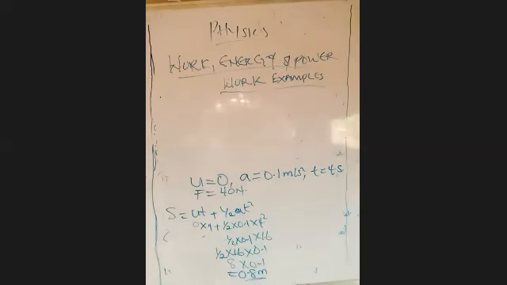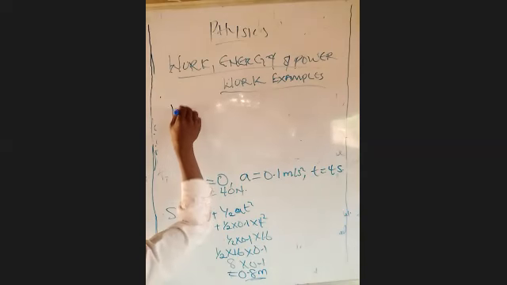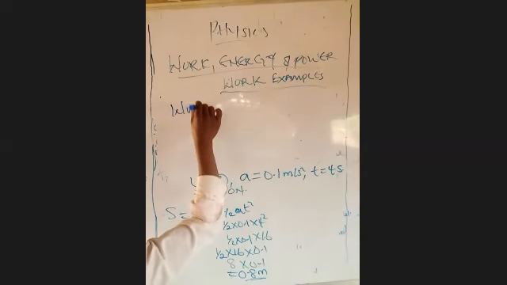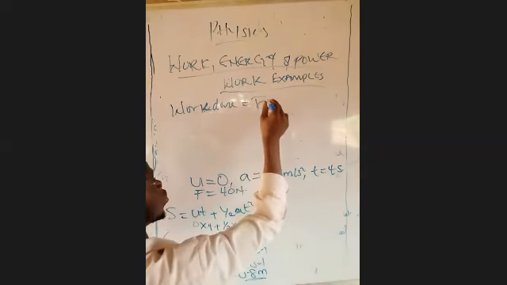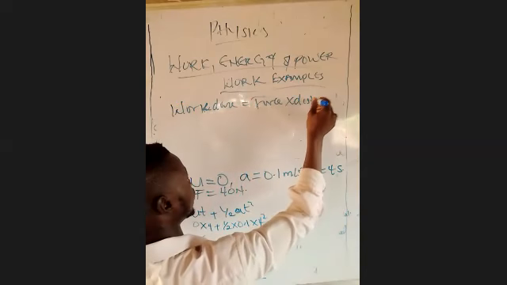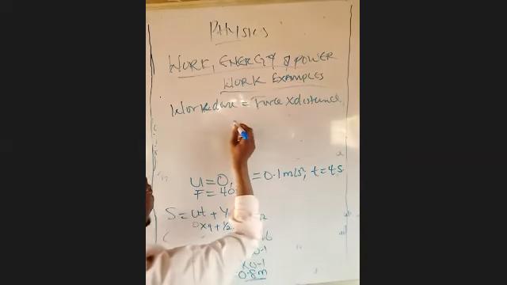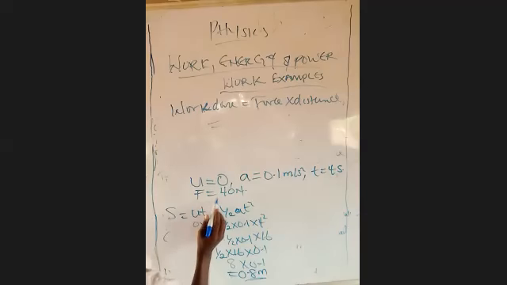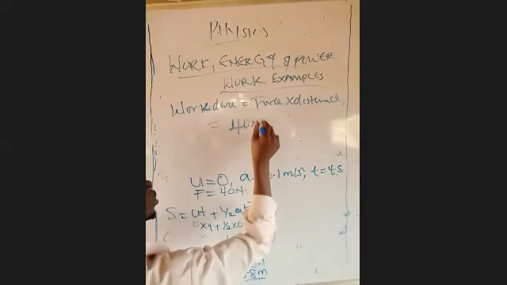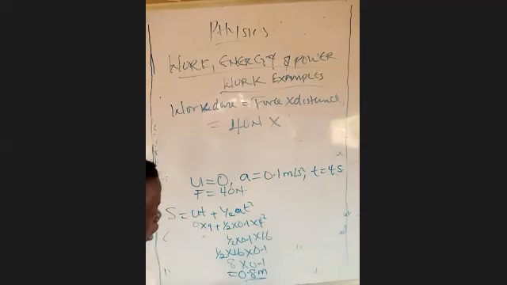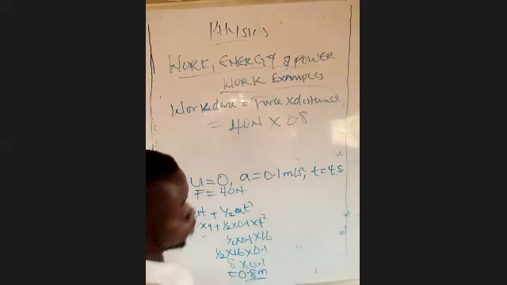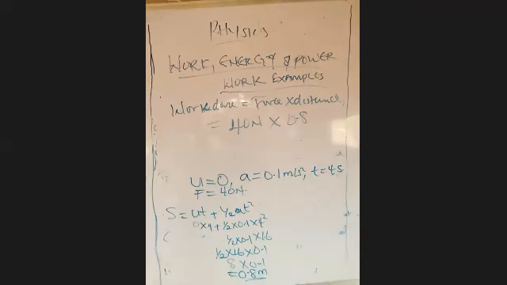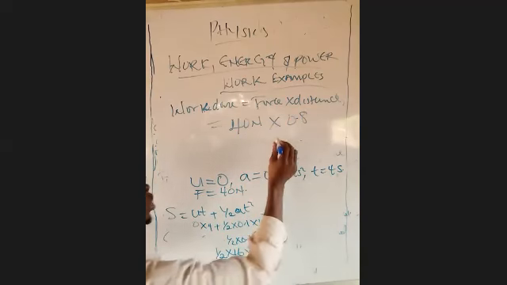Work done is equal to force times distance. Our force is 40 Newton, times our distance, which is 0.8. Whatever you get for 40 times 0.8 will be our final answer, but the answer must be in joule.